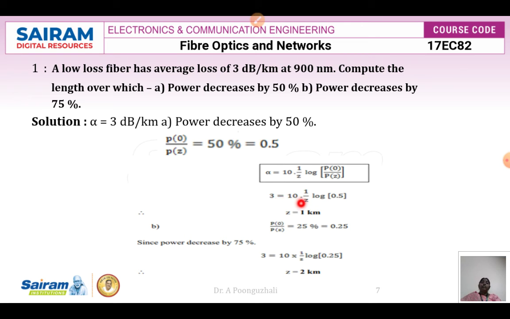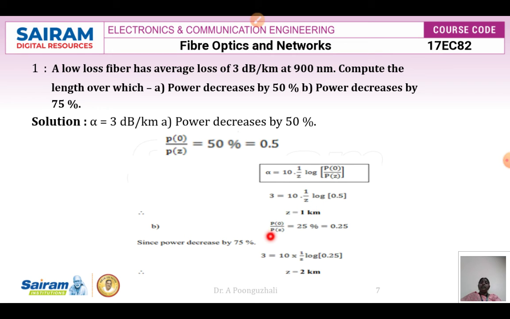So 3 is equivalent to 10 into 1 by Z log of 1 by 0.5, the attenuation value given in the problem. From this, calculating Z, the length they have asked for, the Z value is going to be 1 kilometer.